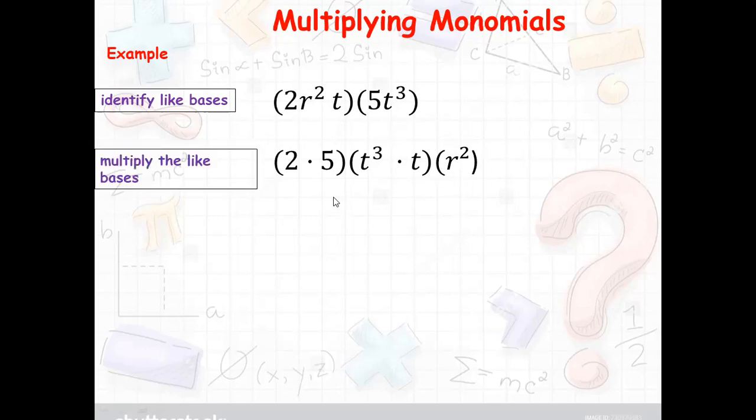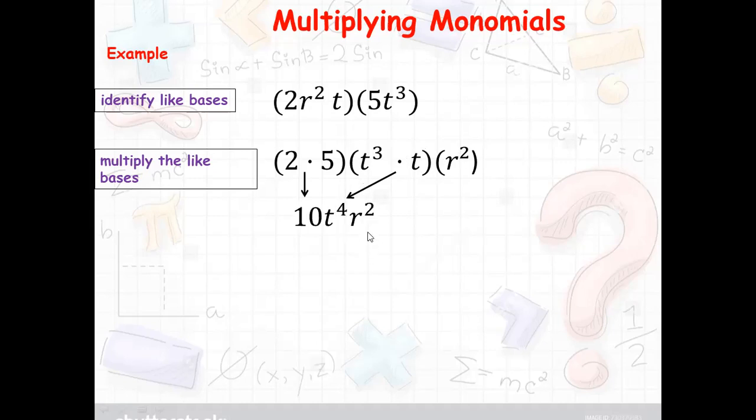Let's move on. 2 multiplied by 5 will give you 10, right? Then t to the power of 3 multiplied by t. There is no written exponent, which means here there is an exponent of 1. So what do you think t to the power of 3 multiplied by t to the power of 1 is? As you're multiplying exponents, you're adding the powers. That should give you t to the power of 4.